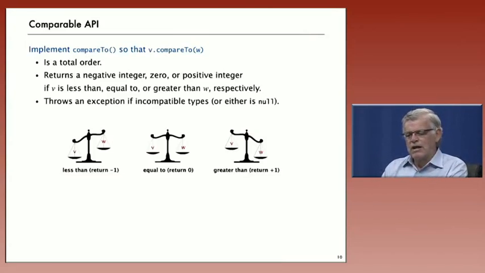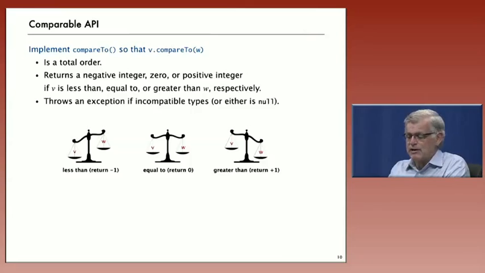All right, so the comparable API, then by convention in Java, we always need to implement compareTo such that v.compareTo(w) is a total order. And also by convention, it returns a negative integer if it's less, 0 if it's equal, positive if this object's greater than the object given as argument.